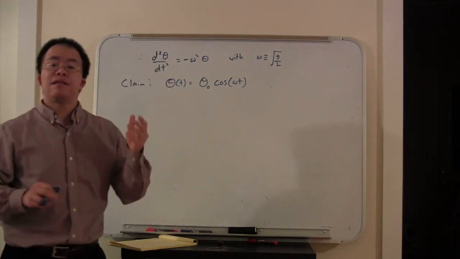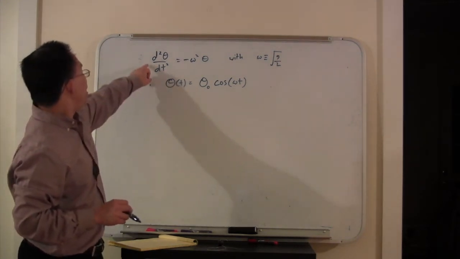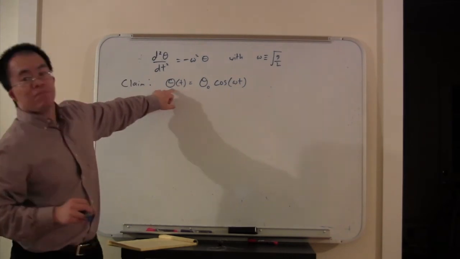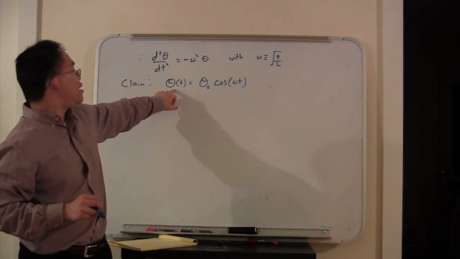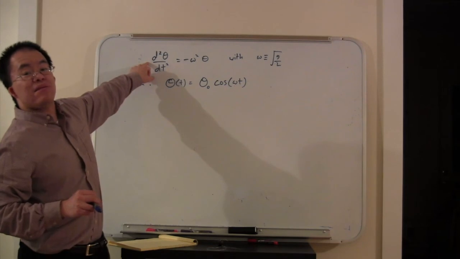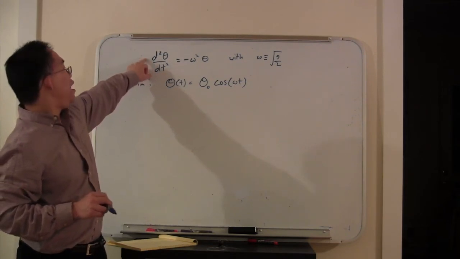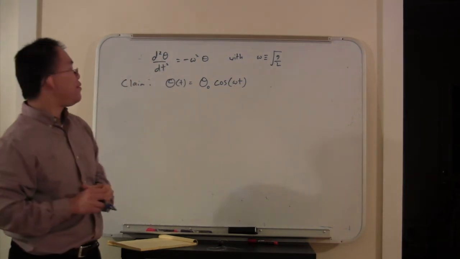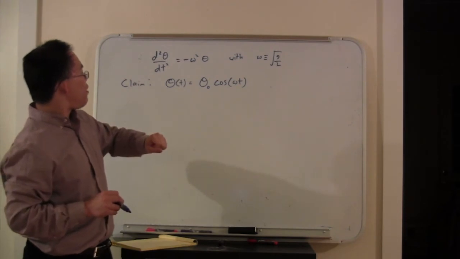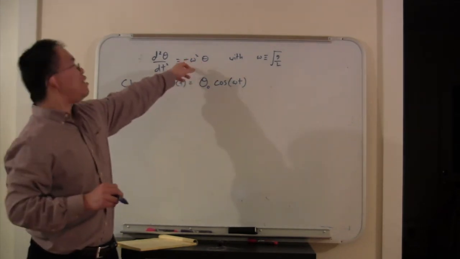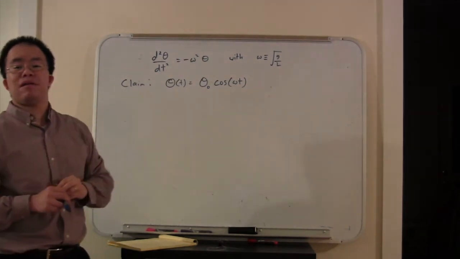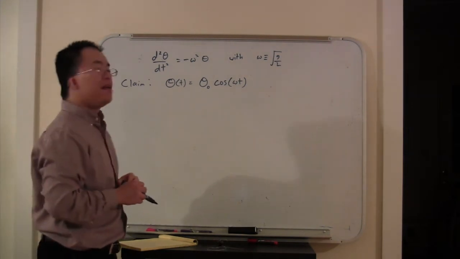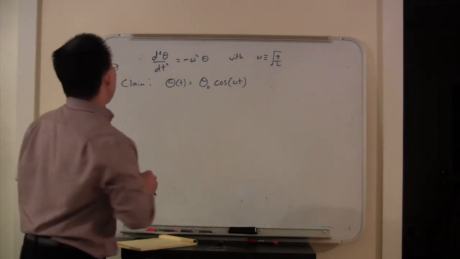And we can do that in the following way. We'll take this proposed solution for theta of t, substitute it into the left-hand side, calculate the second derivative, and if all goes well, we'll see if it actually equals minus omega squared times theta. So let's go ahead and do that.